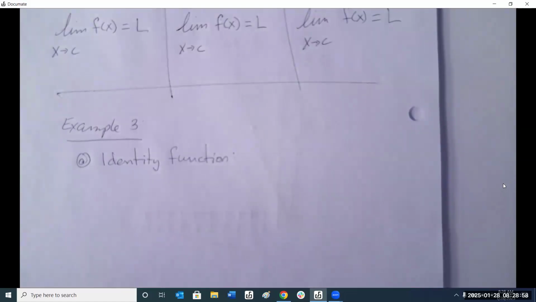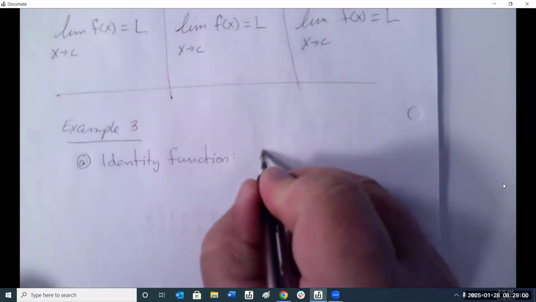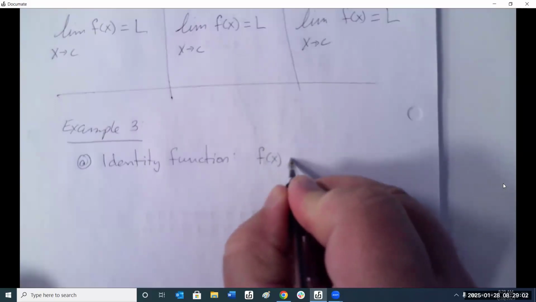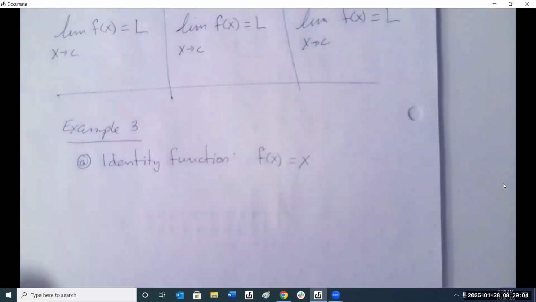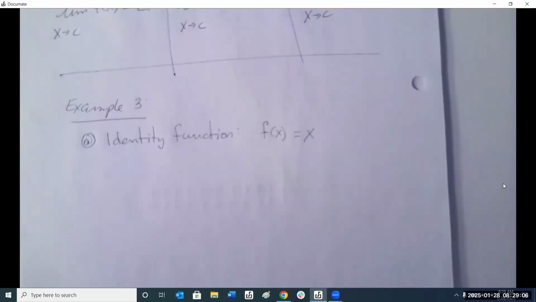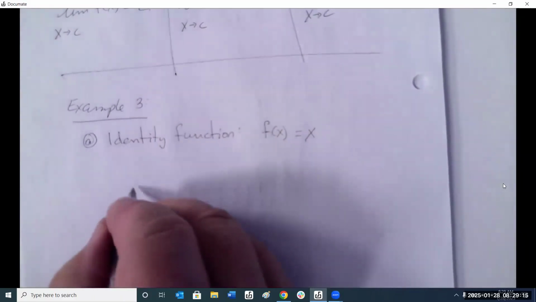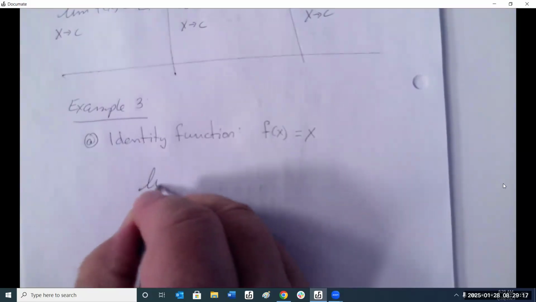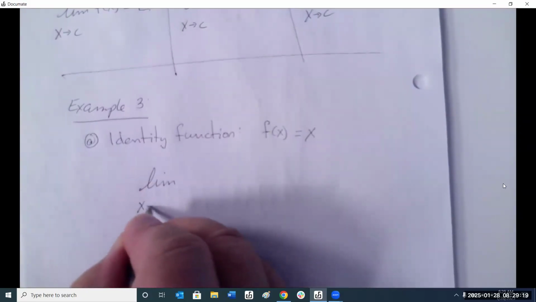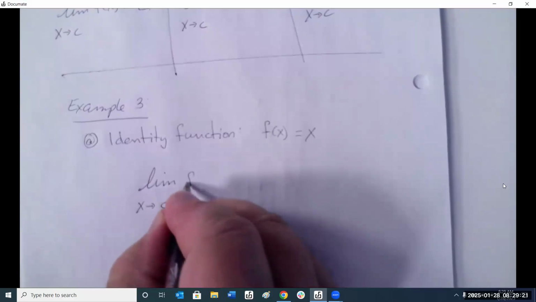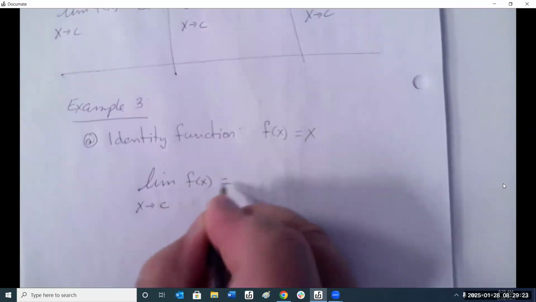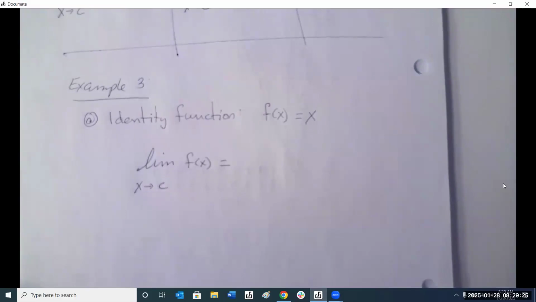From algebra. That's the function y equals x. So in this case, what would that one equal?